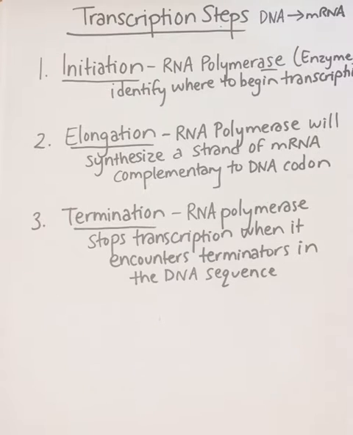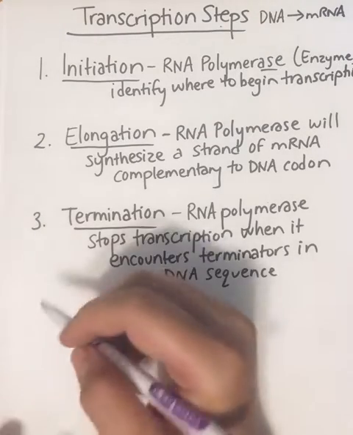So I want to look at the steps of DNA transcription, but before I do that, I want to talk about the different enzymes. The enzyme that makes RNA is called RNA polymerase.